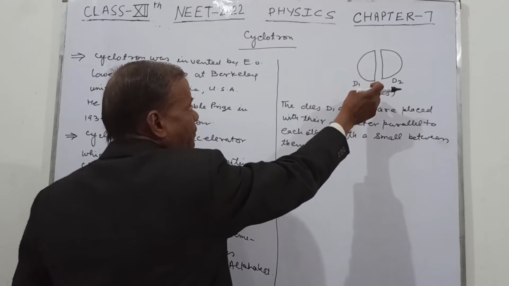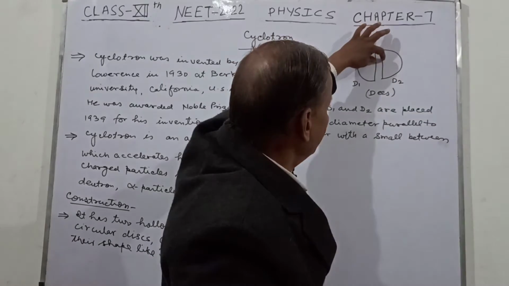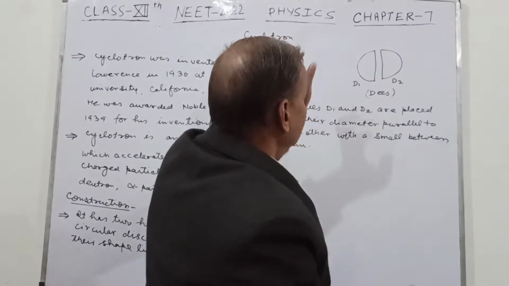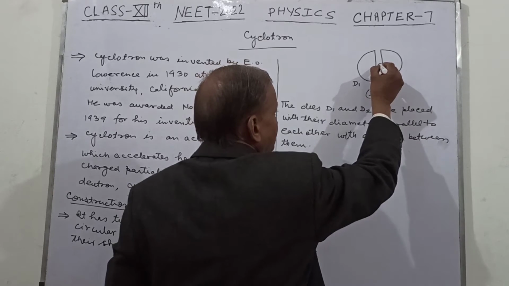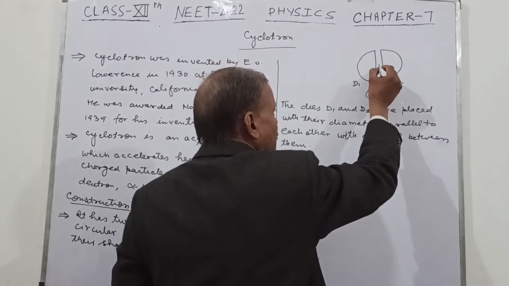This is a small gap. You are looking that this is not the diameter, then we are having a small gap between them. This is not the center of these D's. This is the center O.